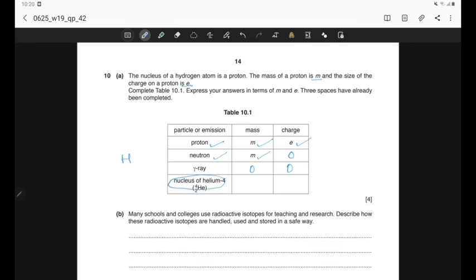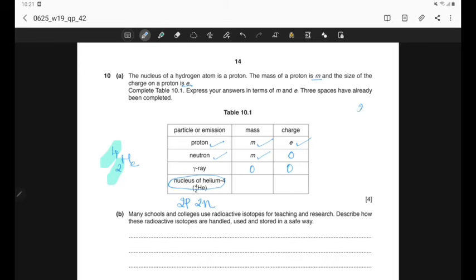So we know that helium-4 is the symbol. That means it consists of 2 protons and 2 neutrons. So helium nucleus consists of 2 protons and 2 neutrons. So let's look at the mass. We know that proton and neutrons are heavy and their mass is represented by m.